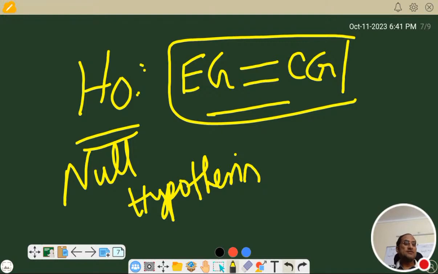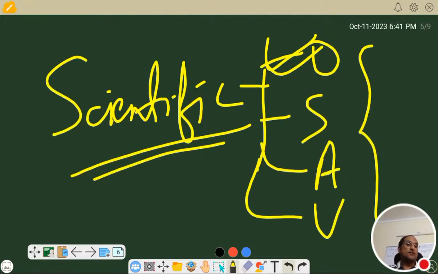This is our null hypothesis, and this we have to prove incorrect. Once the null hypothesis is proven incorrect, then only the hypothesis is supposed to be correct. So we are going in a reverse manner, not saying that our hypothesis is correct, but saying that the null hypothesis is incorrect. This is skepticism, which every scientific discipline follows.